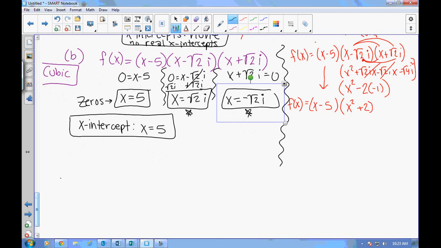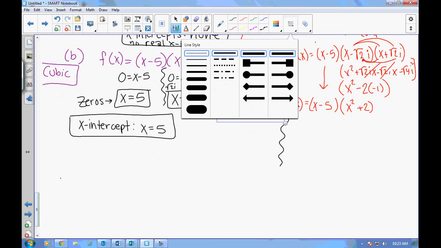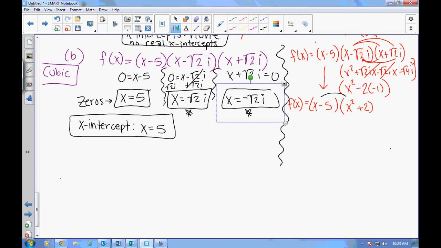Now if we distribute them through, x times x squared, it's a cubic function, like I said, x cubed. We should get a third power. x times 2 plus 2x. Negative 5, make sure you use the sign. Negative 5 times x squared, negative 5x squared.